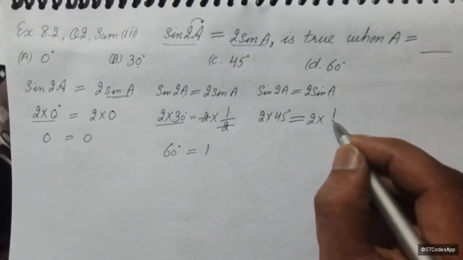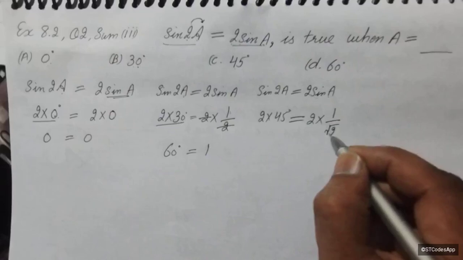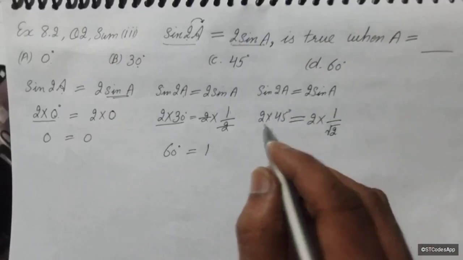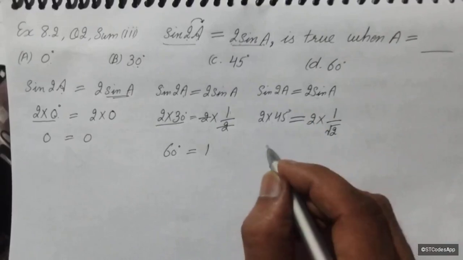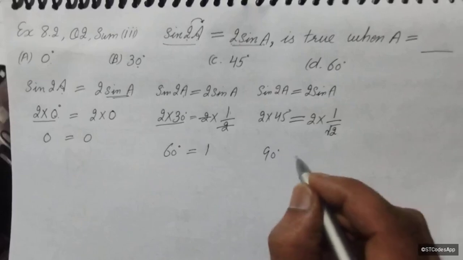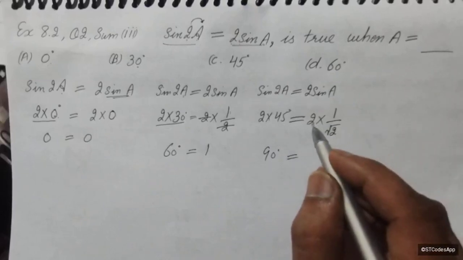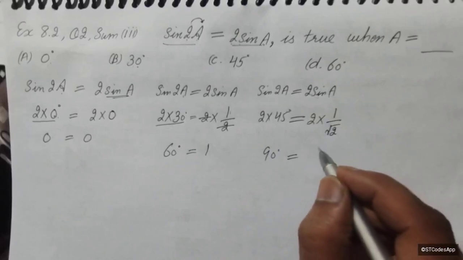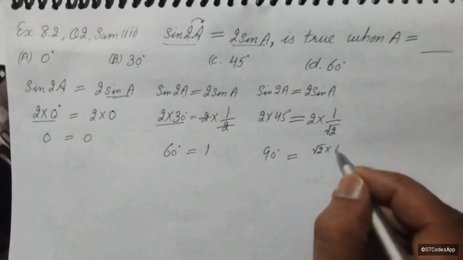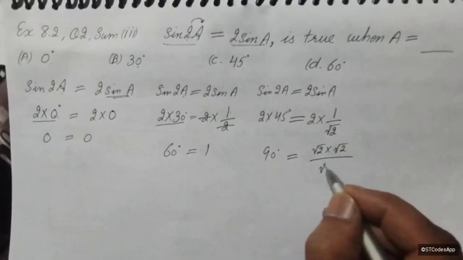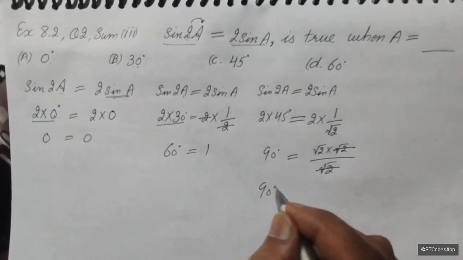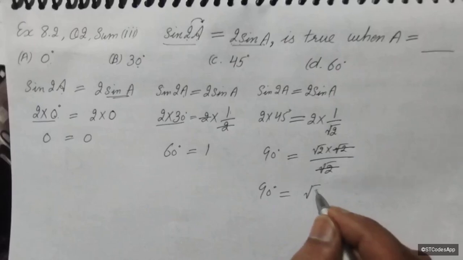When we check sine 45 degree, the value is 1/√2. So when we change 2 into √2 times √2, we get √2 multiplied by √2 divided by √2. One √2 cancels, so what is left? Sine 90 degree is equal to √2. That is the value.